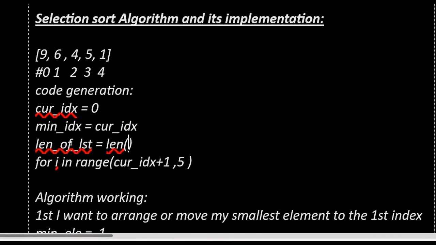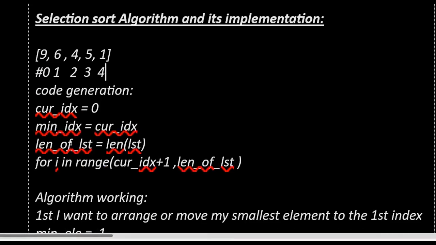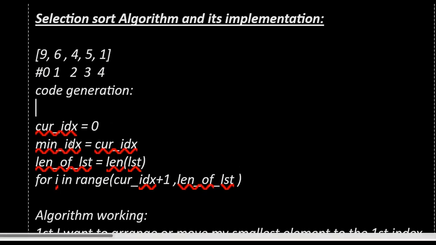To find the length of the list, you can use the len function. Let us say my list is stored in the lst variable, so you can use this length of the list to move till the end. Let me assume lst is equal to 9, 6, 4, 5 and 1.